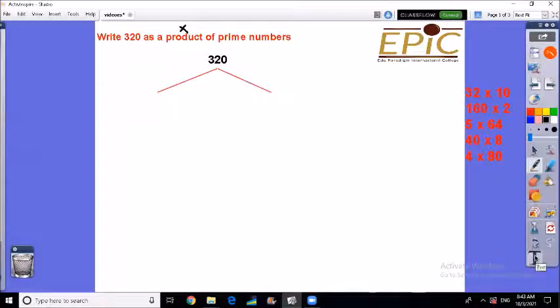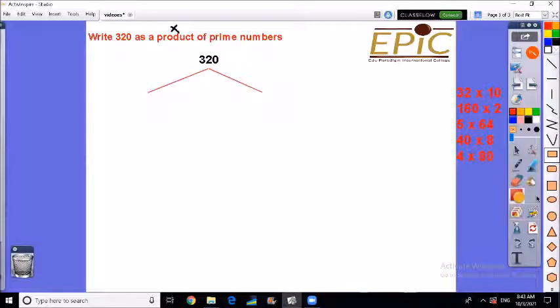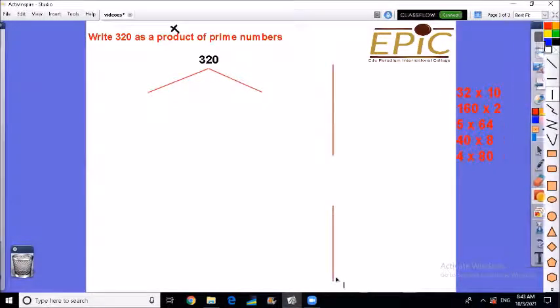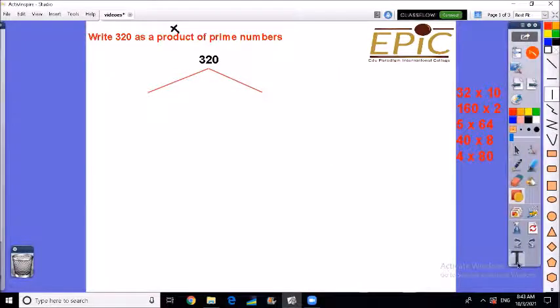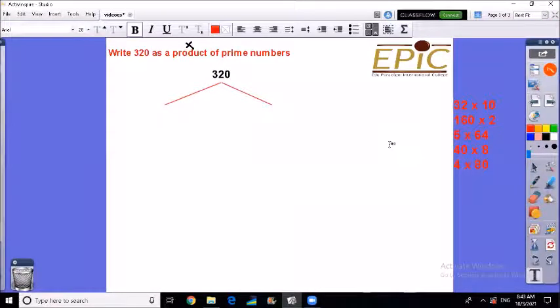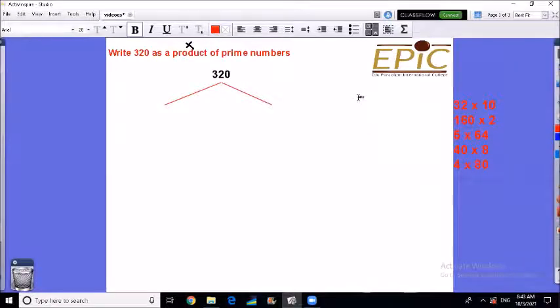All right, and what are prime numbers? Oh, come on, you really don't remember this? I'm sure you do. We practiced this a lot in class. So what are the prime numbers? Prime numbers are numbers that are divisible only by themselves and 1, or have only 2 factors. Like, for example, 3 has only 1 and 3 as factors.